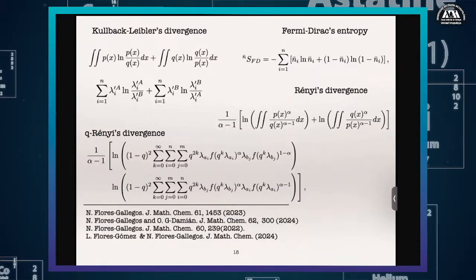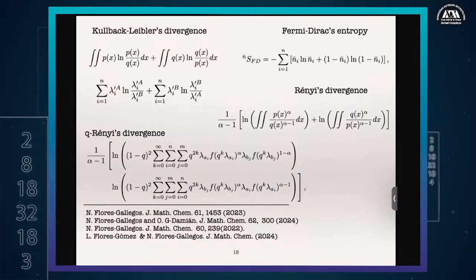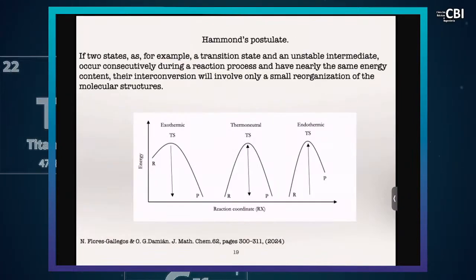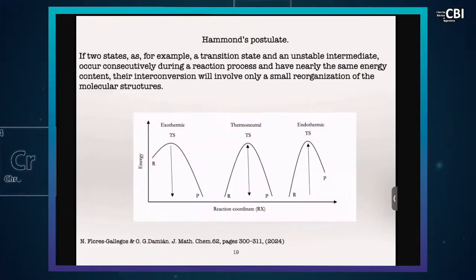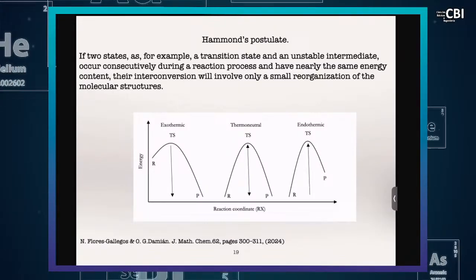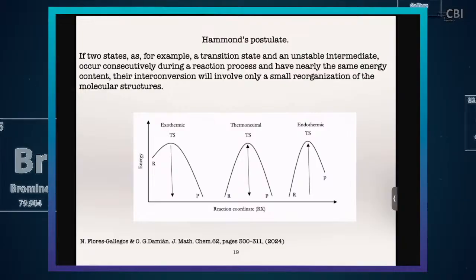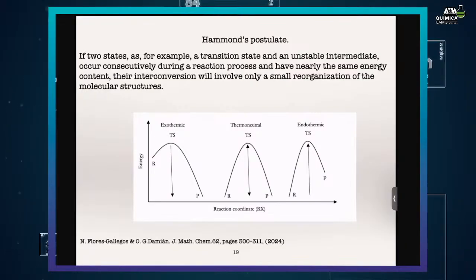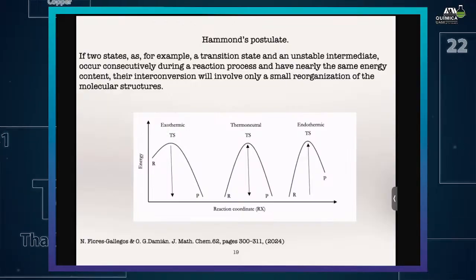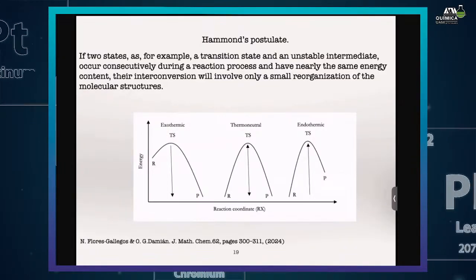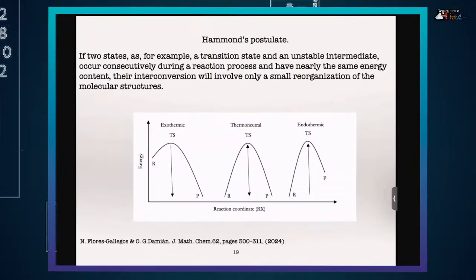So there are some applications. Let me show you some of them. This is in the case of the Hammond postulate. One of the main problems in studying chemical reactions is trying to figure out the possible structure of the transition state.